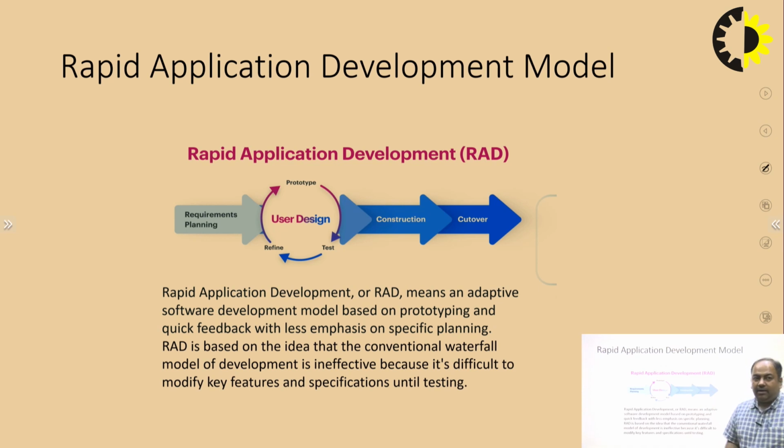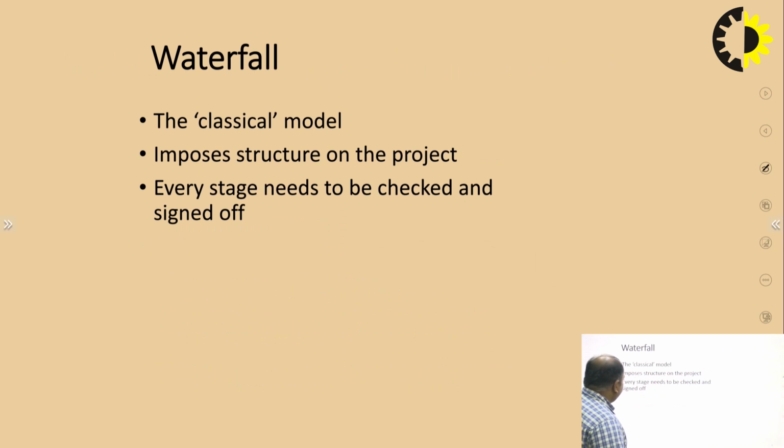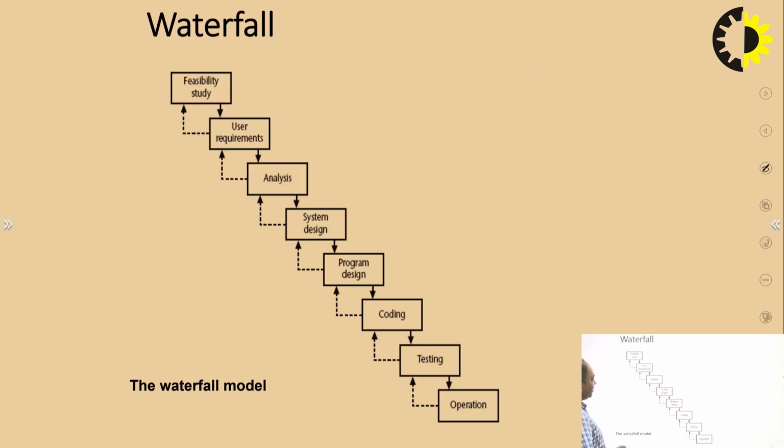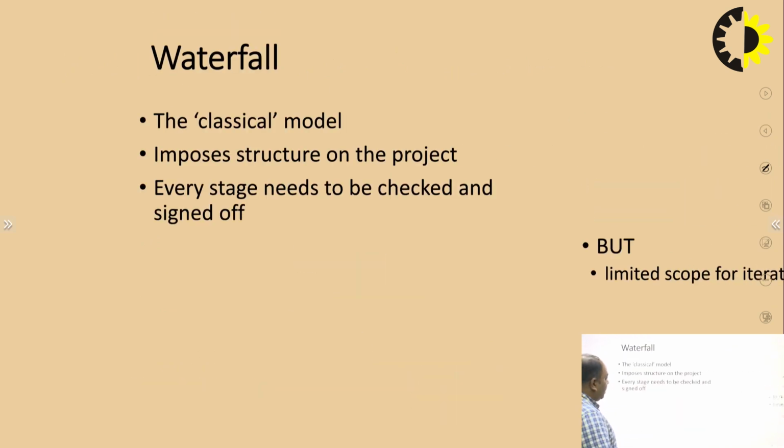So in the rapid application development model, we first take the requirement. After taking the requirement, the user defines things in the design phase. In the waterfall model, we have a design phase which is system design and program design.